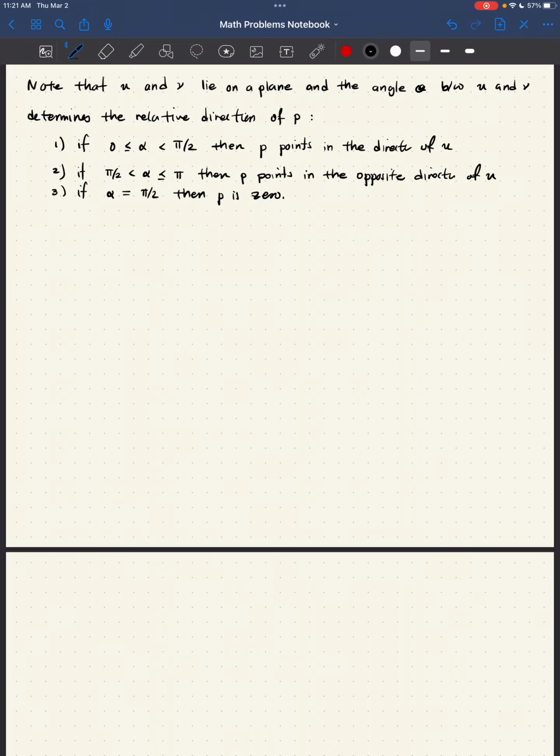Let's recall a few things. Recall that a vector is a quantity that has magnitude and direction.